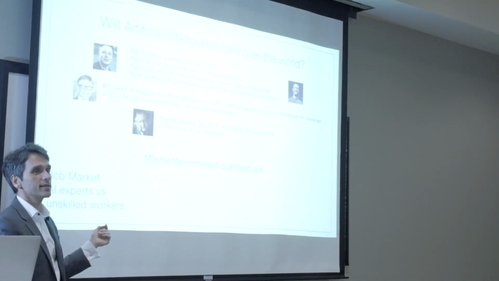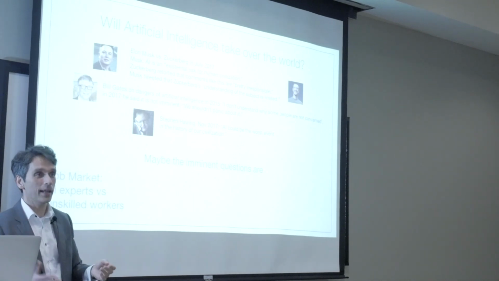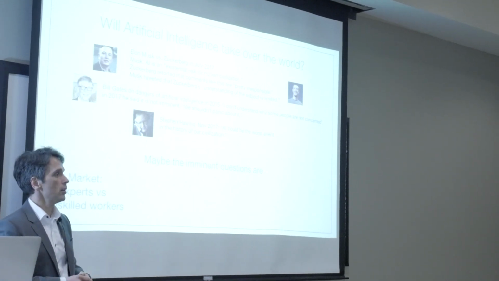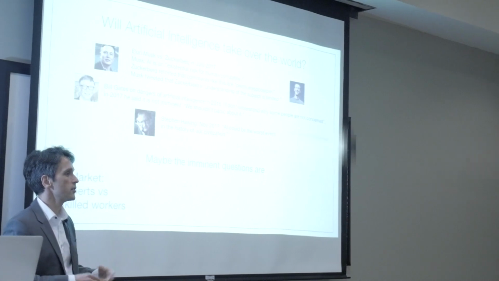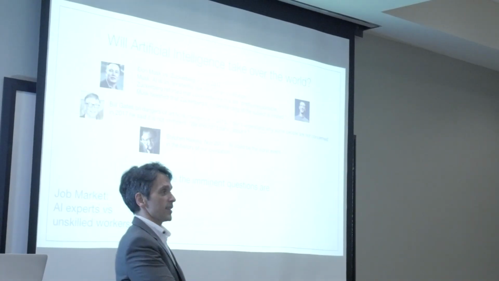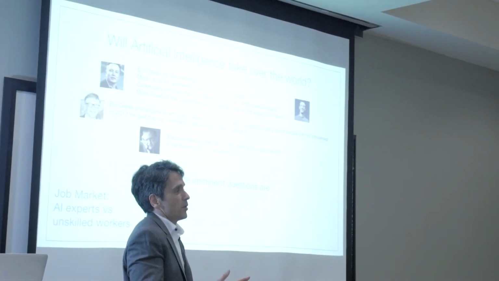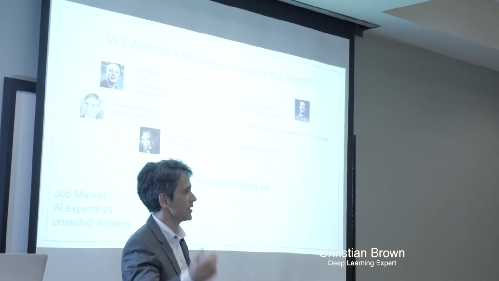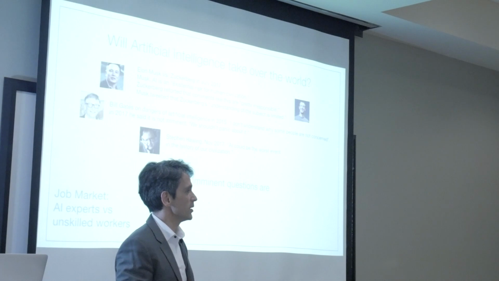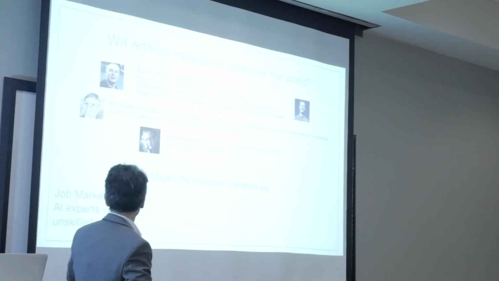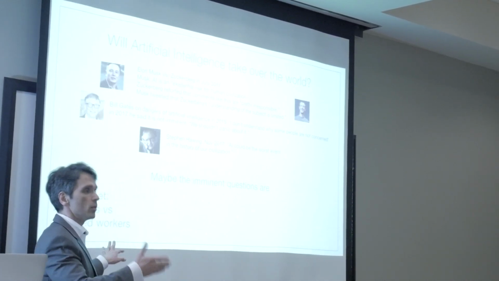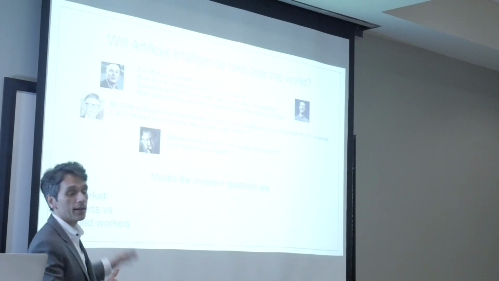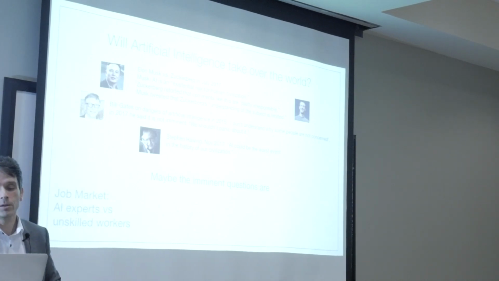But what happens to unskilled workers that may be replaced by more autonomous systems? And of course, if they succeed, you can imagine they will invest in these kinds of things, and all the Uber drivers and Lyft drivers will probably not have a second job anymore. So this is something that we probably have to keep an eye on. How will that change the job market?